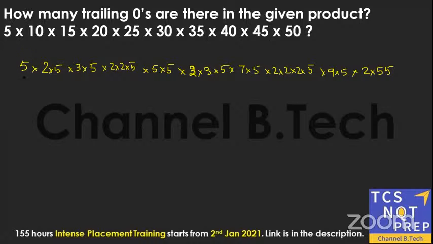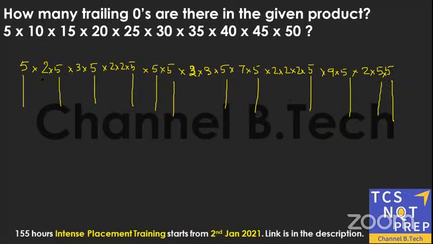How many 5s are there? 1, 2, 3, 4, 5, 6, 7, 8, 9, 10, 11, 12. How many 2s are there? This 2 can be combined with this 5. This 2 and this 5 can be combined.